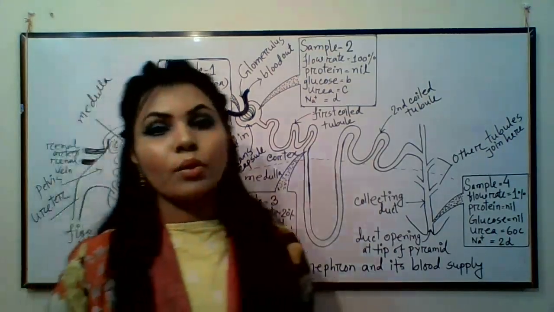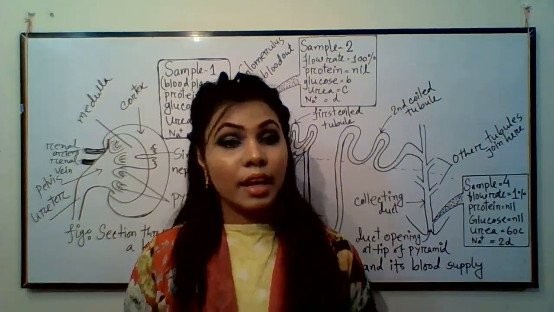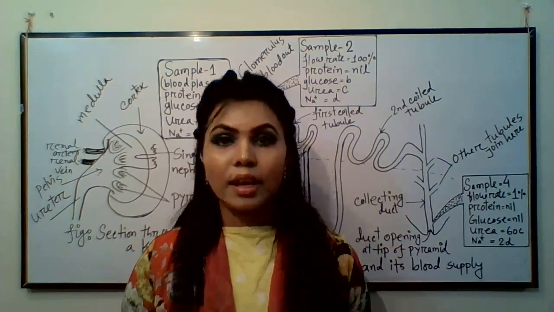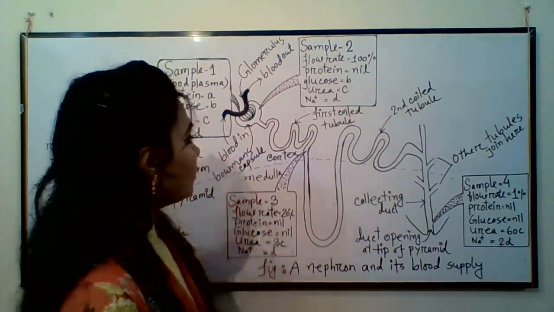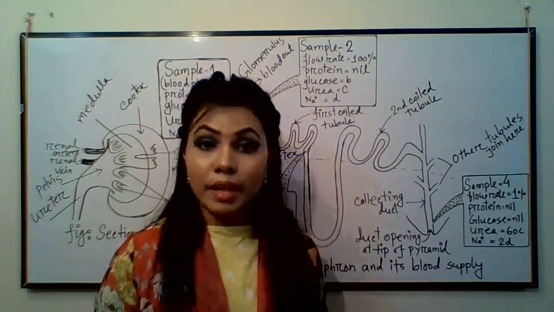Each human kidney contains almost 1 million nephrons. Understand? And the blood plasma leaves the blood in the Bowman's capsule and enters the nephron.